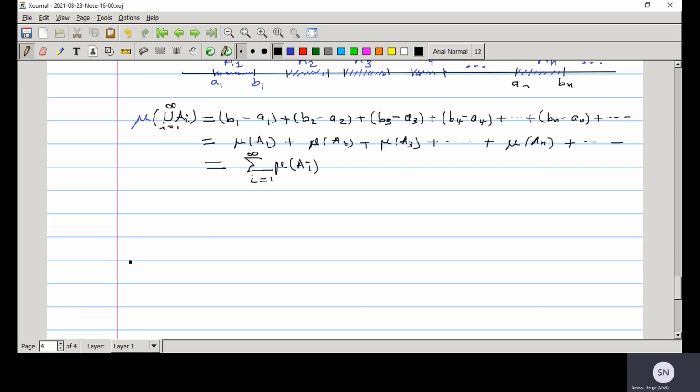Okay, so I will give another problem that we'll quickly try to solve using the properties of the sigma algebra.